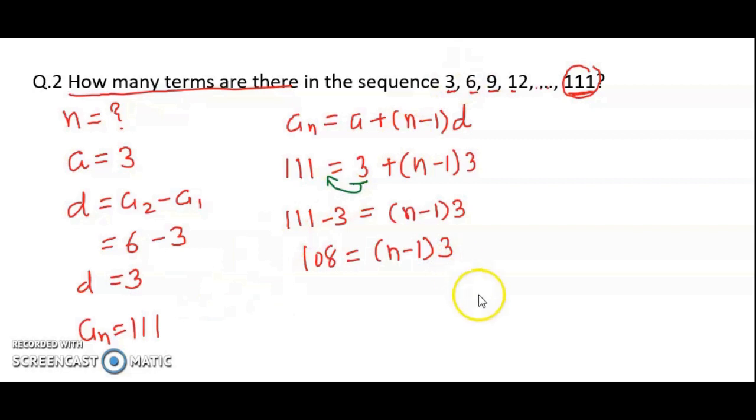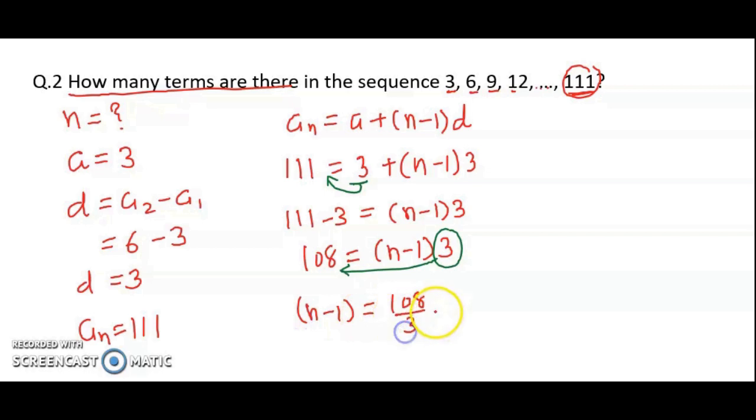Now this 3 is in multiplication here, so it will go into the denominator this side. So we get n minus 1 equal to 108 divided by 3, that will be equal to 36. So we get n minus 1 equal to 36.